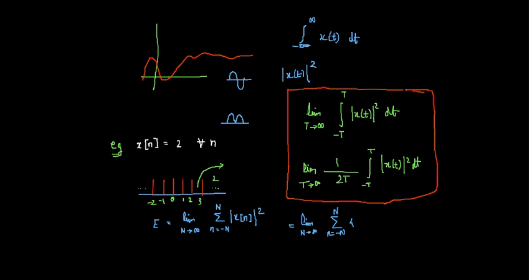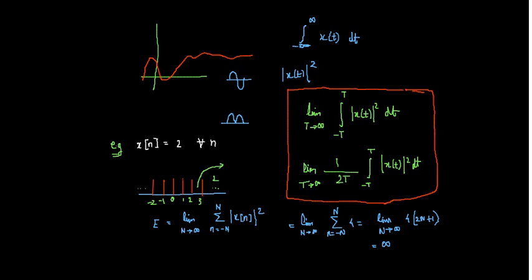So this is the limit n tends to infinity of 4 times 2n plus 1. When you put the limit, the answer would be infinite. That answers yesterday's question.